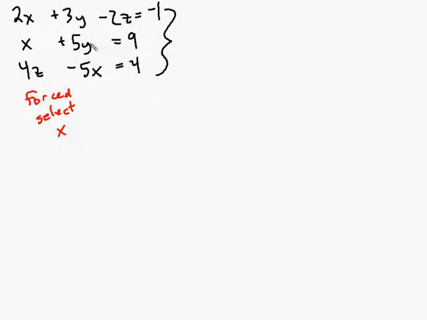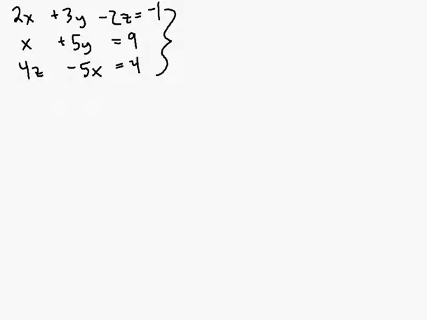Because see, this one doesn't have a y to deal with, and this one doesn't have a z to deal with. Now, I suppose we could just choose, no, erase that. No, we aren't forced to select x.